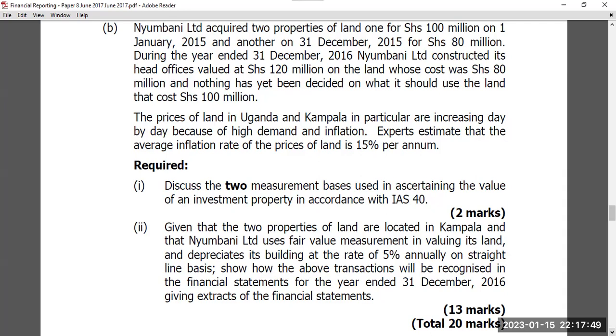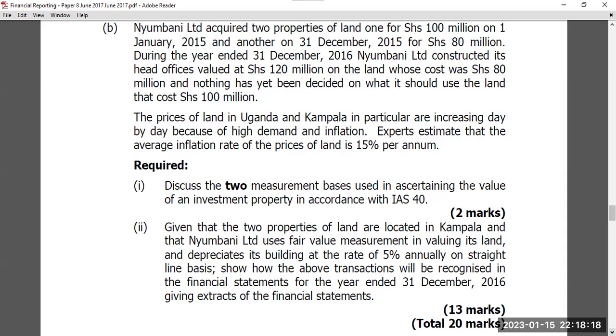Are we going to be maintaining the cost model, meaning are we going to be maintaining the initial cost we incurred when we acquired these assets, at the initial measurement?